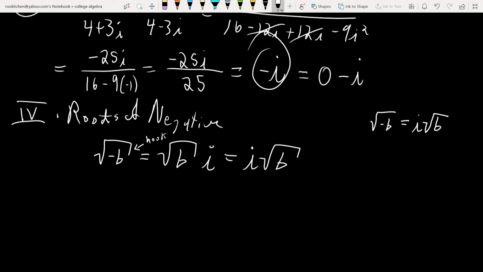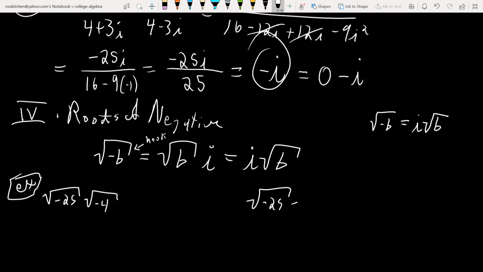Anyways, it's very important to do this. We can look at an example, square root of negative 25 times the square root of negative 4, versus doing it in this other way.